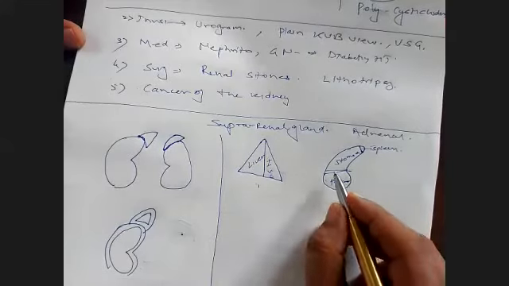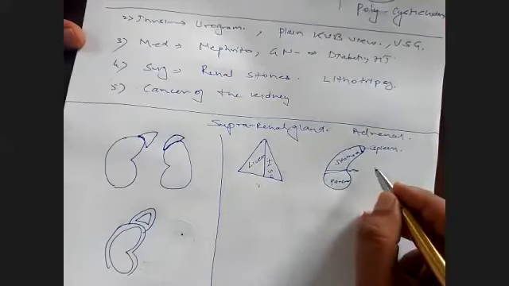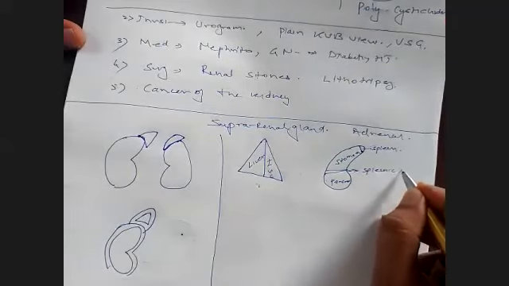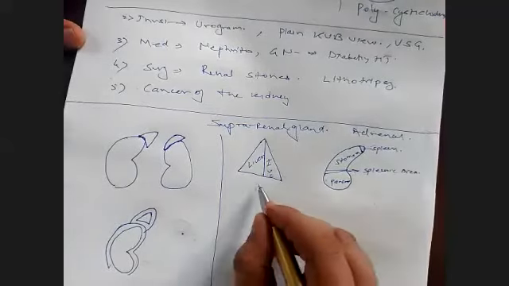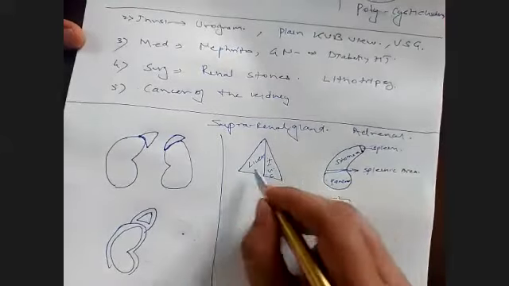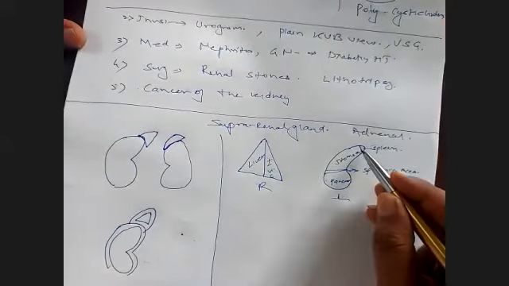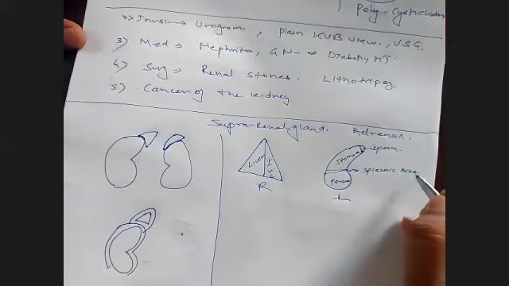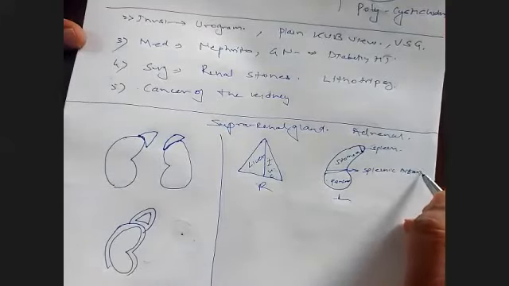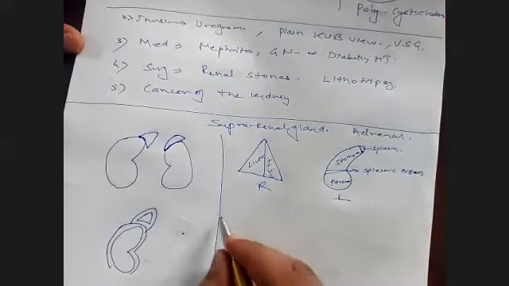In between is the splenic artery. So the anterior relations of the right suprarenal are quite easy, IVC and liver, and the anterior relations of the left suprarenal are spleen, stomach, splenic artery, and pancreas.